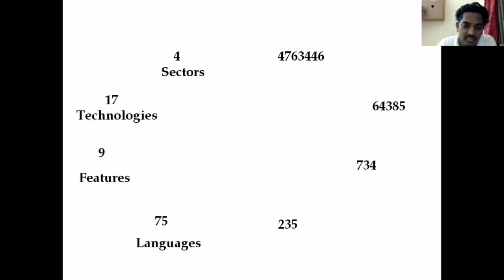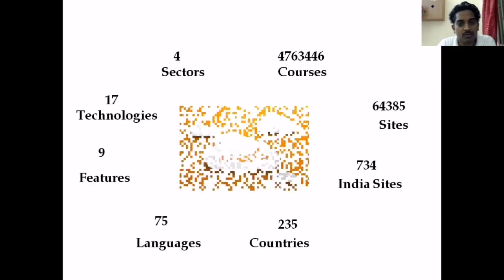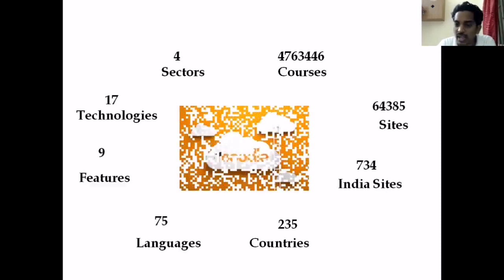Moodle is available in 17 languages and 235 countries are using Moodle as their learning platform. India alone has 734 sites in Moodle. Overall, there are 64,385 Moodle sites for learning, and around 47 lakh courses in Moodle.